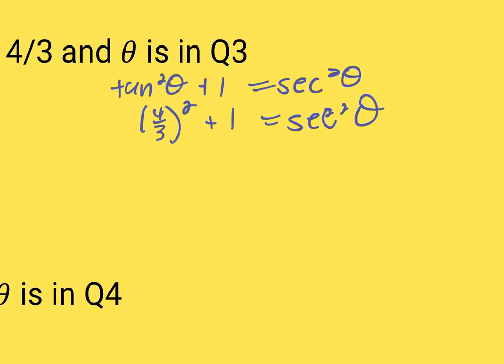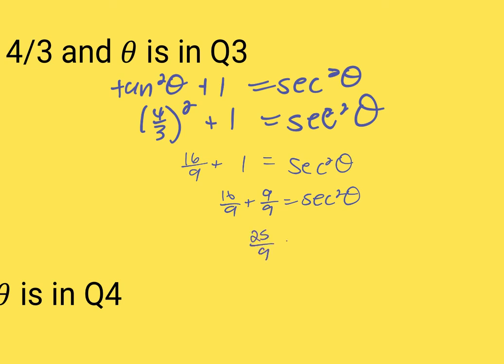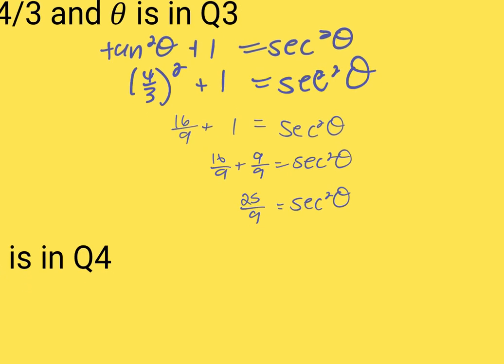So 4/3 squared would be 16/9 plus 1. 16/9 plus 9/9 gives you 25/9. And that's secant squared. So if I want to solve for secant, I have to do what? Square root. So secant of theta could equal plus or minus 5/3.